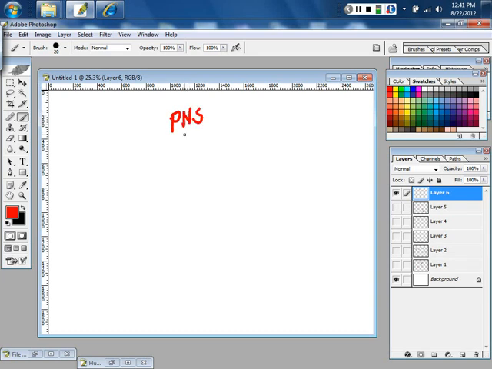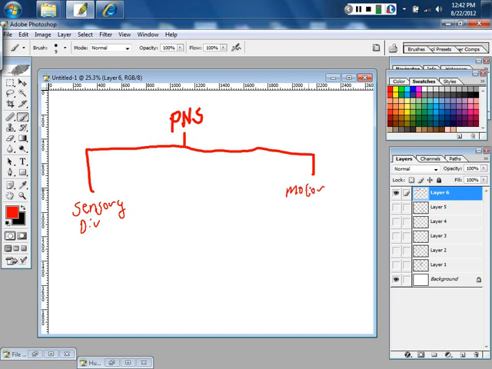The peripheral nervous system has 2 components to it. Okay. It has a sensory division and it has, what's the other division going to be? Motor division, exactly.